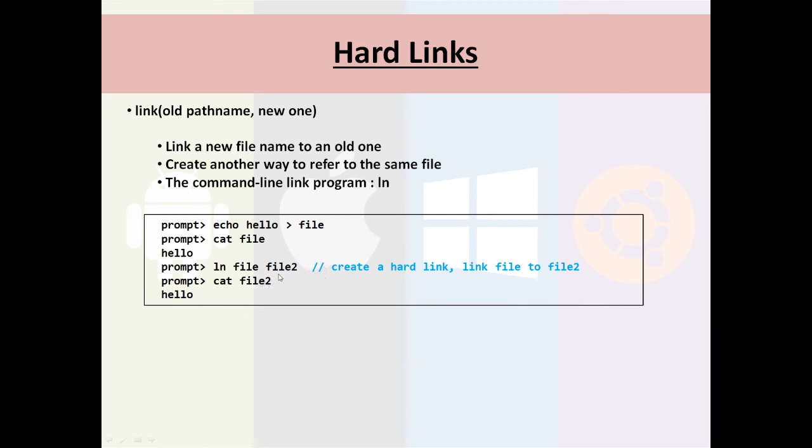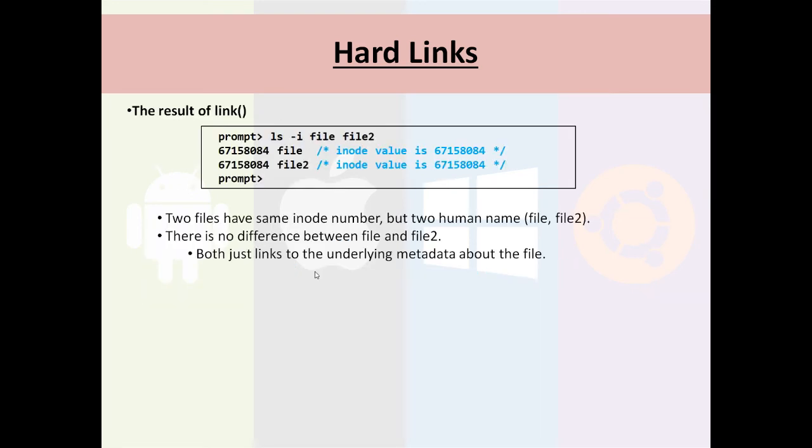So what you'll see here is that file 2 and file will have the exact same inode number. Now the file is not copied in any way. Rather, you just have two human readable names, file and file 2, that both refer to the exact same file.